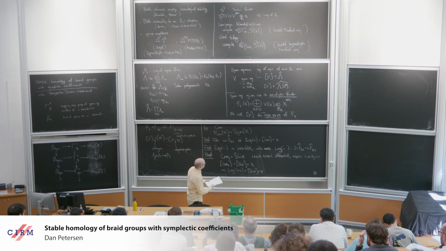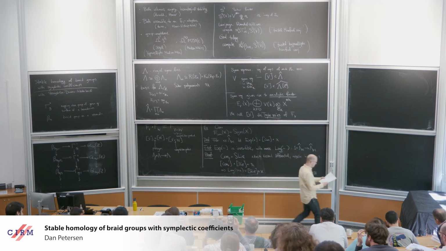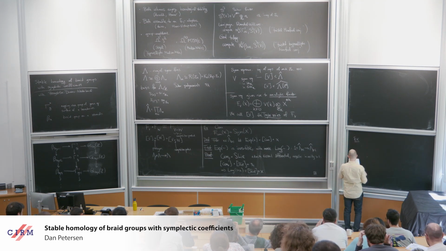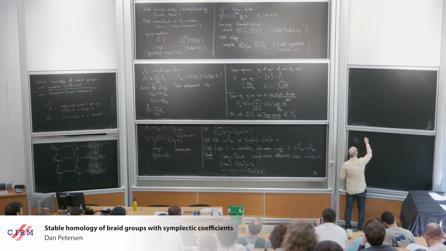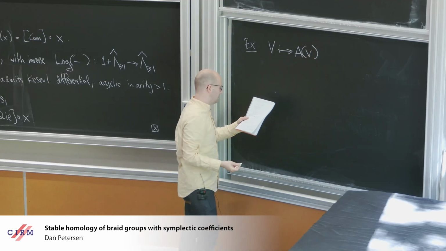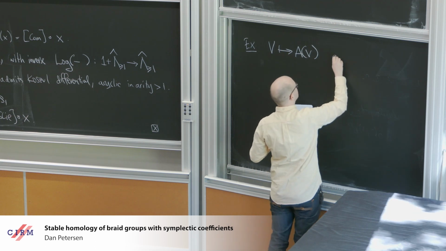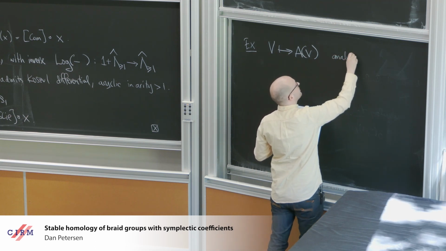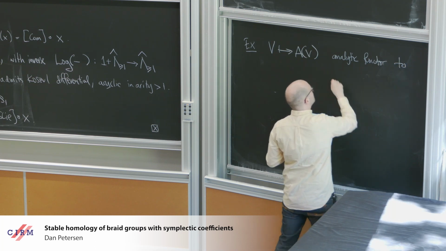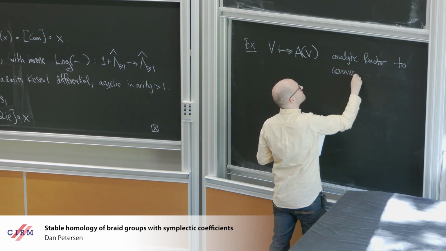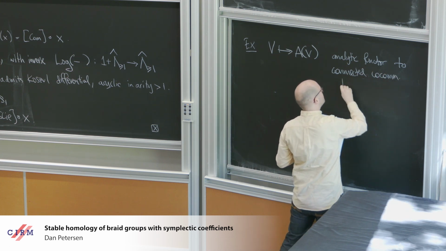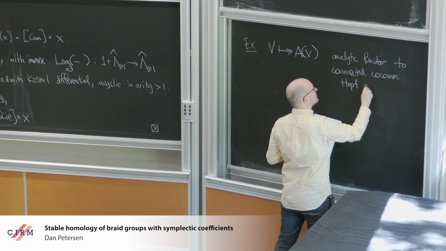Let me give one example, which will come back later. So consider V goes to A of V, and I suppose that this is an analytic functor to connected co-commutative Hopf algebras.